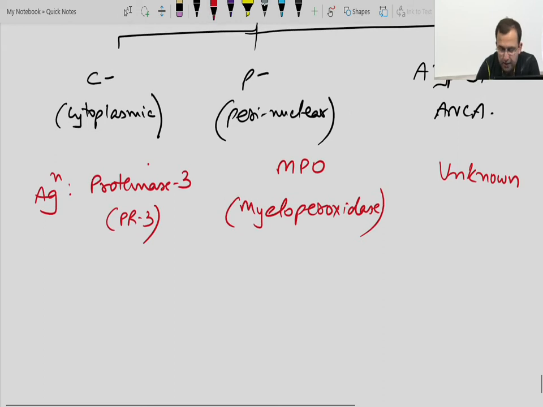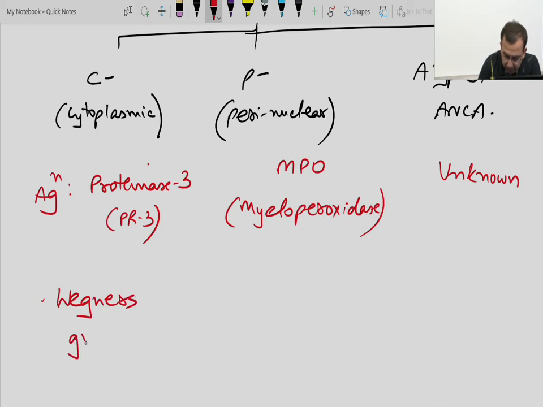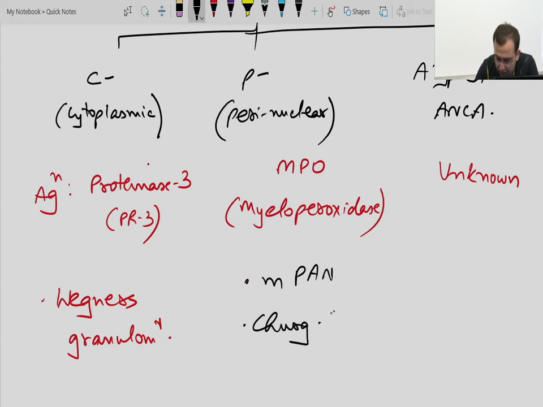Next point, the disease associated with C ANCA is Wegener's granulomatosis. Easy to remember, C ANCA, Wegener's. Whereas P ANCA diseases are microscopic PAN and Churg-Strauss syndrome. So the small vessel vasculitides are ANCA positive.